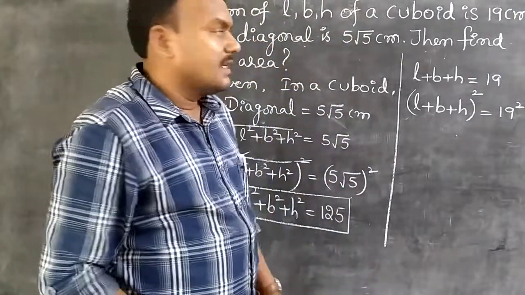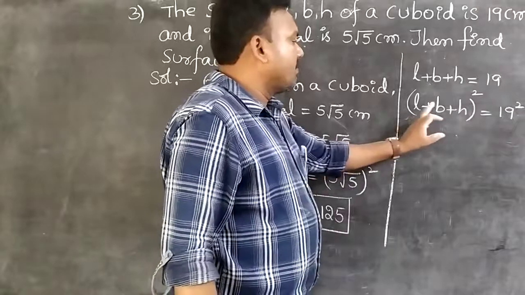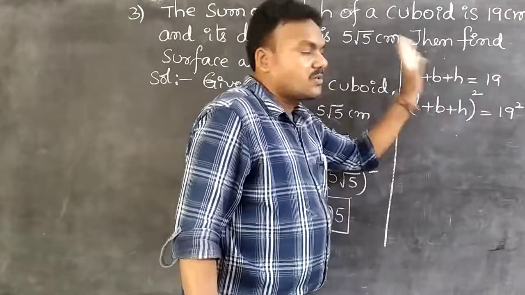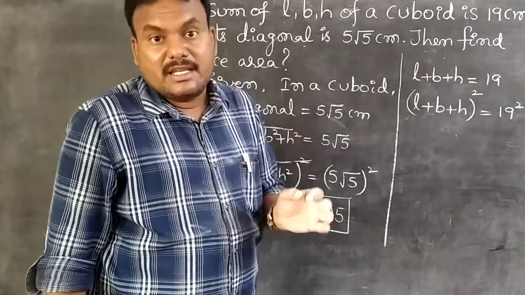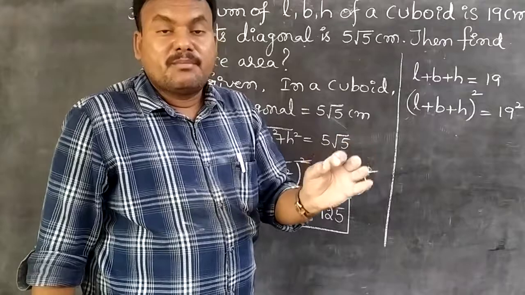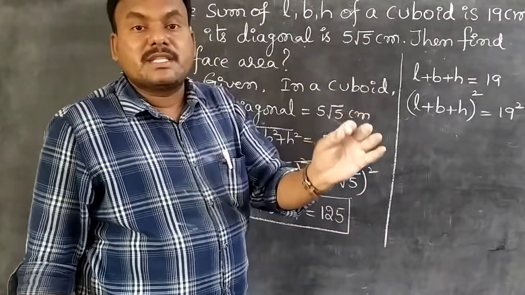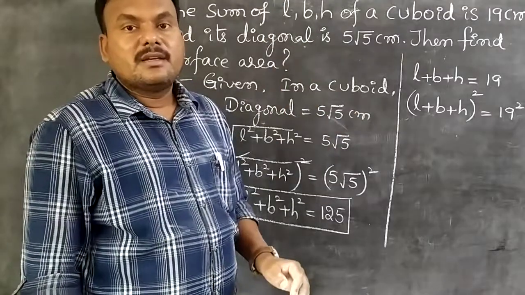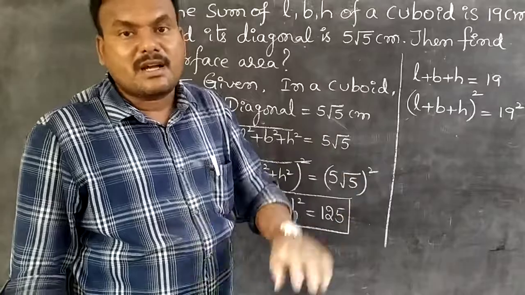19 whole square. Observe here carefully. This is in the form of (A plus B plus C) whole square. What does (A plus B plus C) whole square mean? The formula, observe carefully: A square plus B square plus C square plus 2 of (AB plus BC plus CA), or plus 2AB plus 2BC plus 2CA; in all the terms 2 is a common factor.